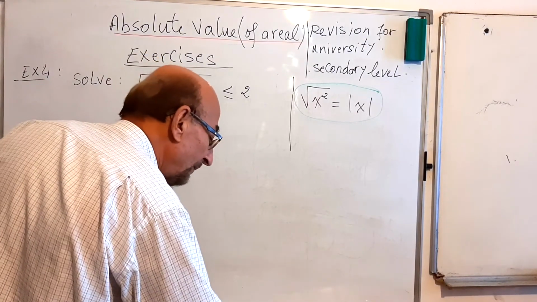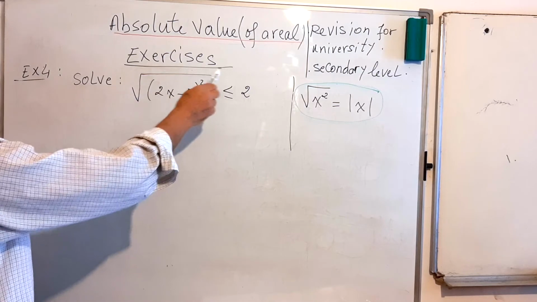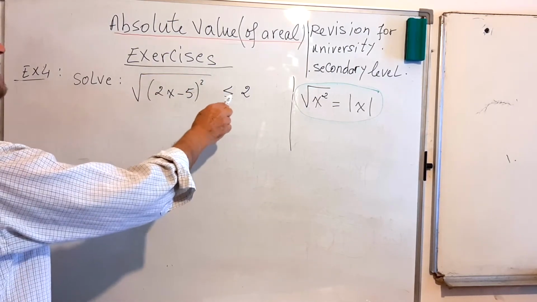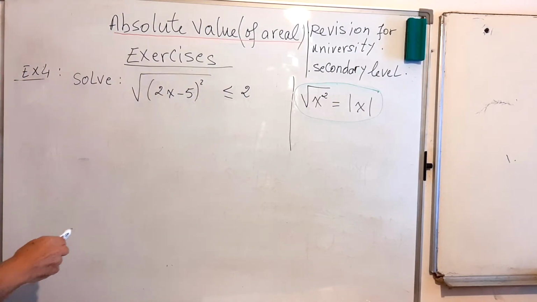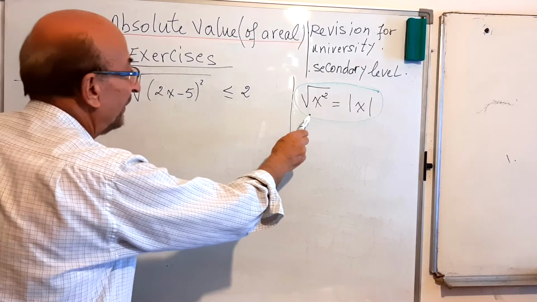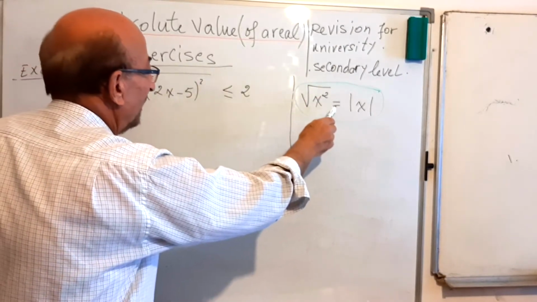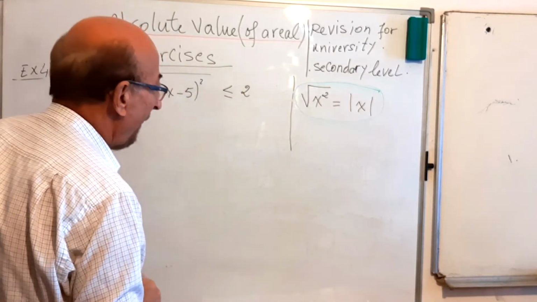Exercise 4. Solve the inequality: the square root of (2x minus 5) squared is less than or equal to 2. We know that the square root of x squared equals the absolute value of x.